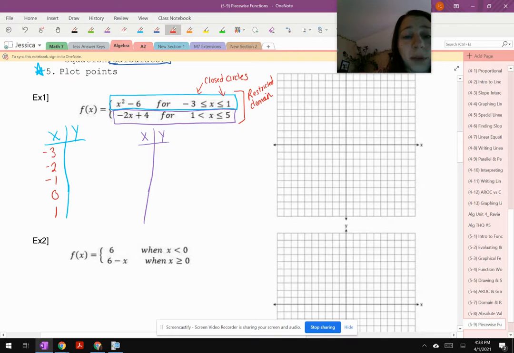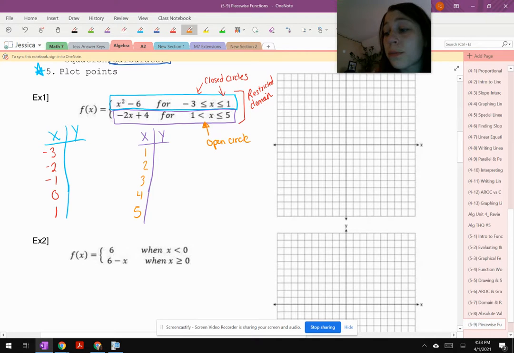For my purple table, or my -2x plus 4, this is where we're going to see overlap. You're always going to see at least 1 point overlap when you're doing these piecewise functions, and in this case, it's that 1. So starting off at that 1 and going all the way up to 5, but making a note that that 1 is going to have an open circle because it's just less than, not or equal to.